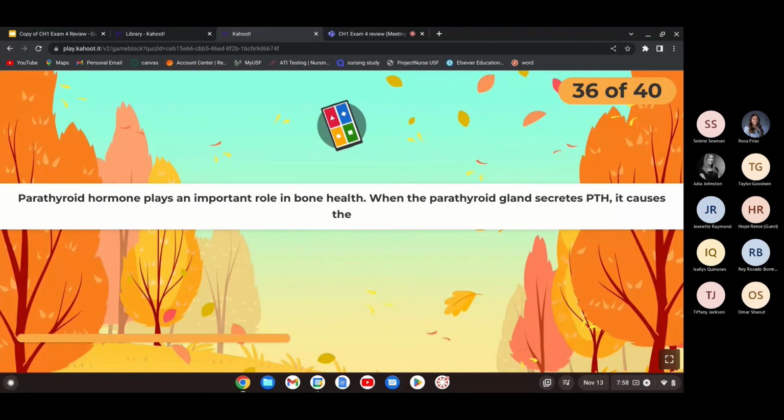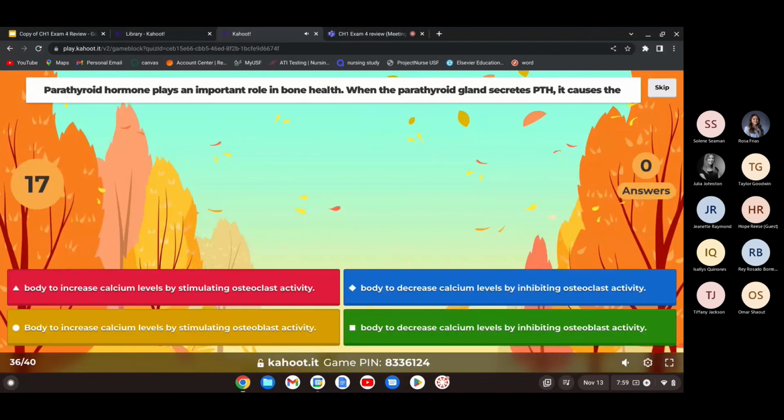Parathyroid hormone plays an important role in bone health. When the parathyroid gland secretes parathyroid hormone, it causes the blank.